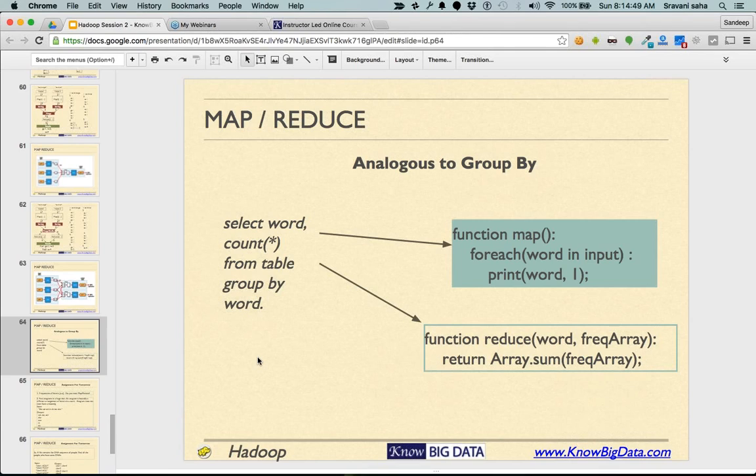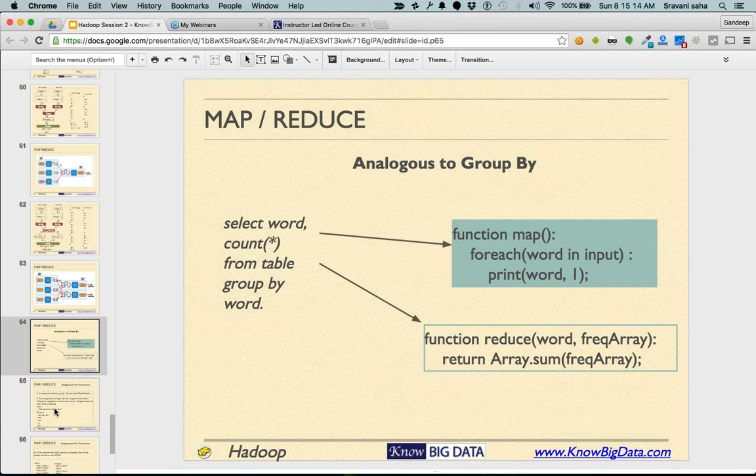You can always think of MapReduce as a kind of group by, the way you have a group by clause, which tells that our data needs to be grouped on this basis, and all the values for that key are going to be brought together by MapReduce.